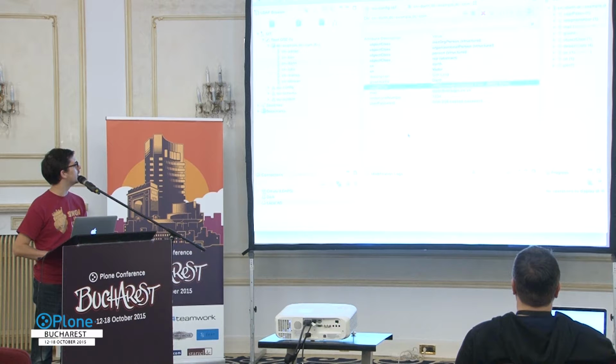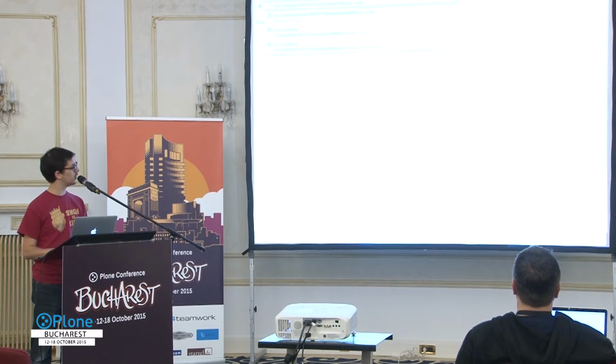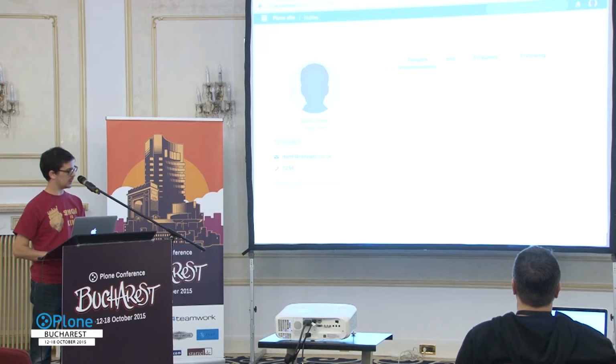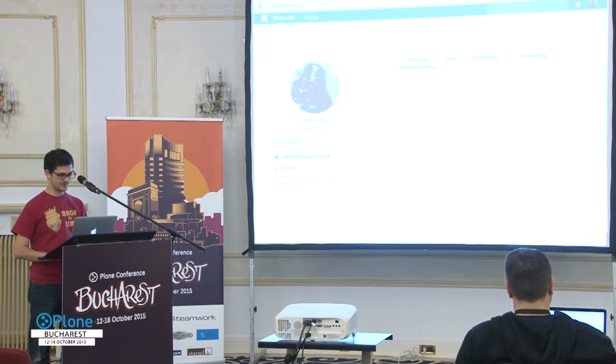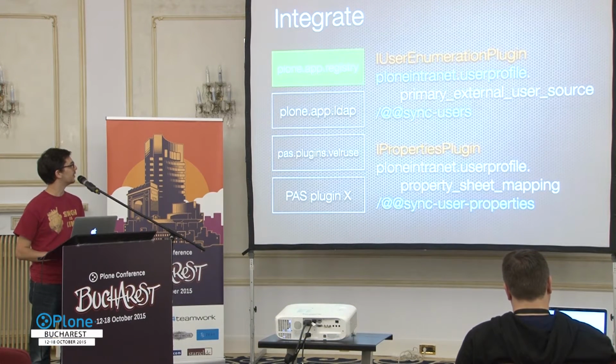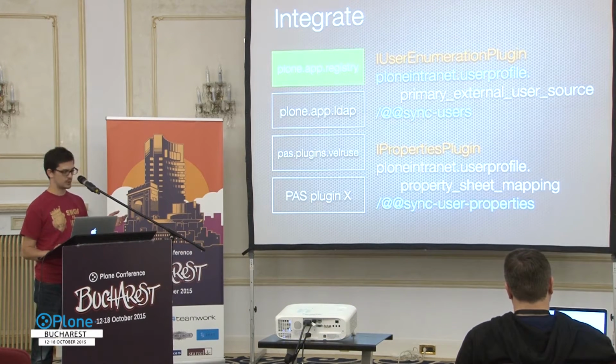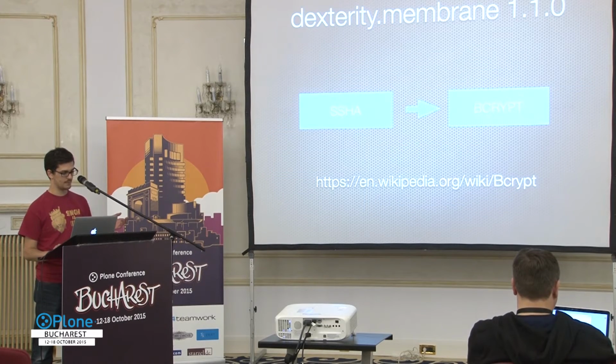Okay, so he's got a photo in LDAP, and I can hopefully run sync user properties again, and there we go. His photo comes over from LDAP. So those are quite helpful.